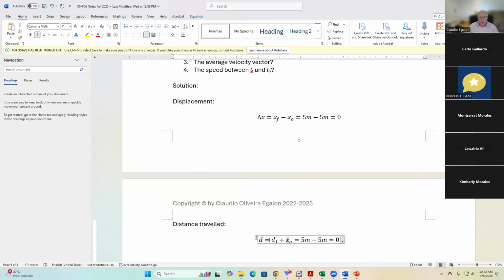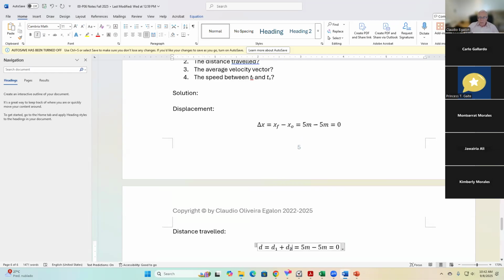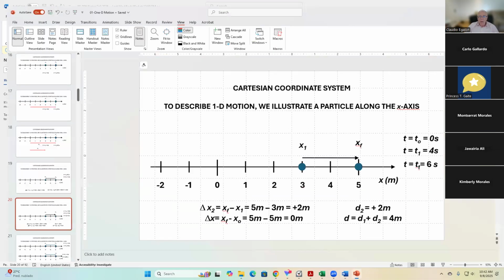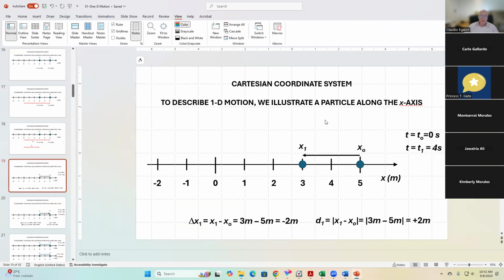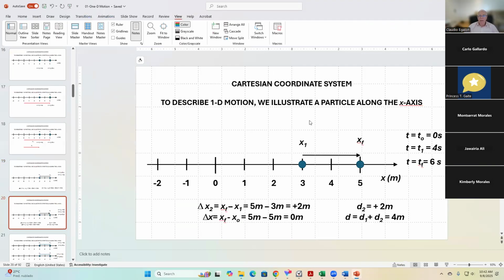Remember, there are two different distances he traveled. Going back here, he traveled 2 meters to the left and 2 meters to the right. D1 plus D2 is not going to be 0.